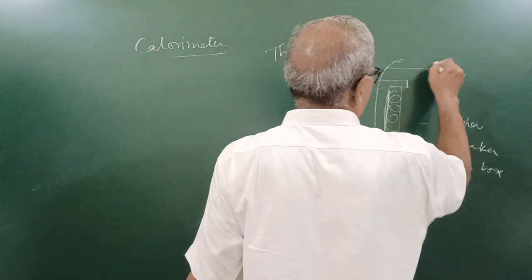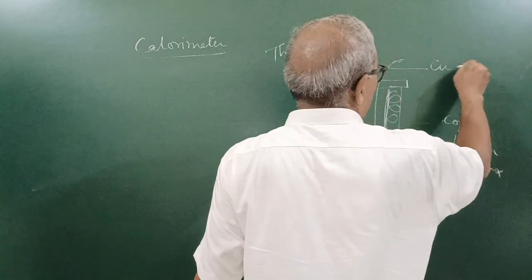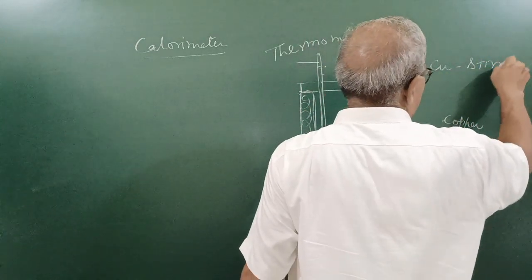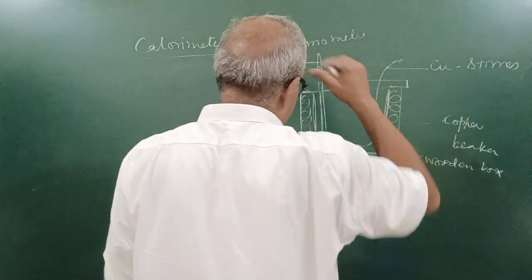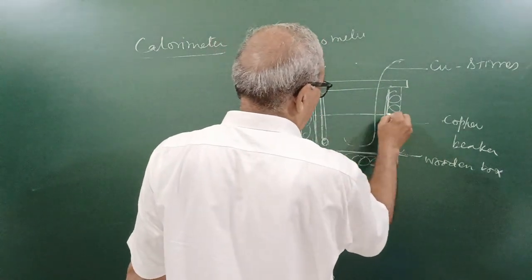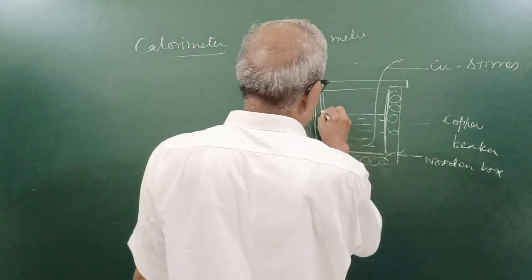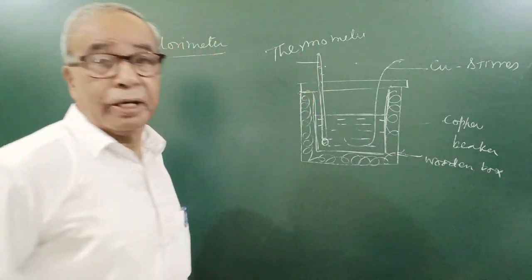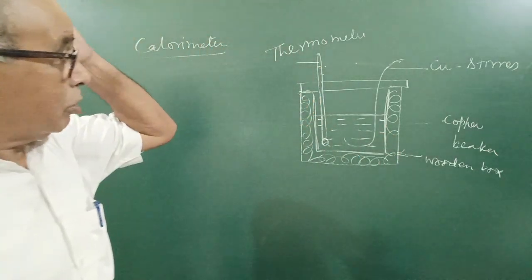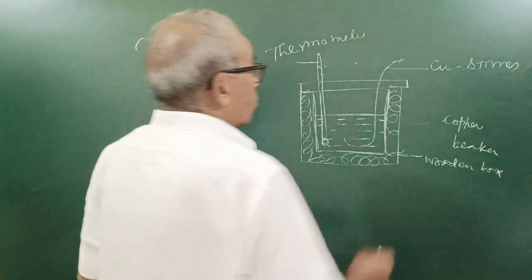It is also copper, Cu stirrer. And then we fill 2/3 volume of this with water. This whole system becomes a calorimeter.